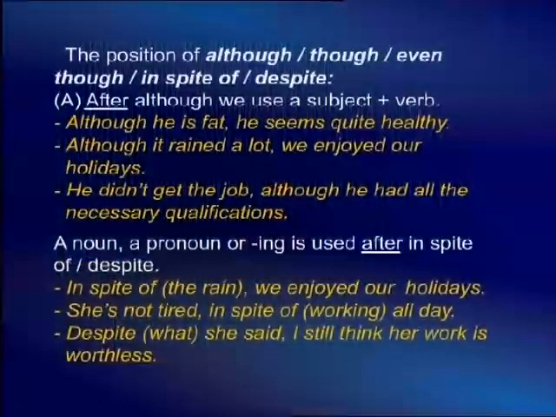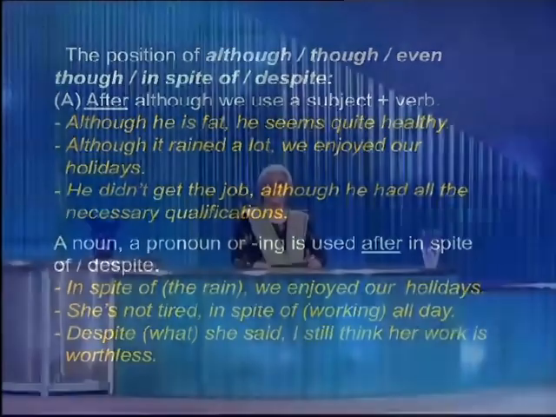Example, although he is fat, he seems quite healthy. Although must be followed by a subject, and the subject is he and the verb is. Although he is fat, he seems quite healthy.